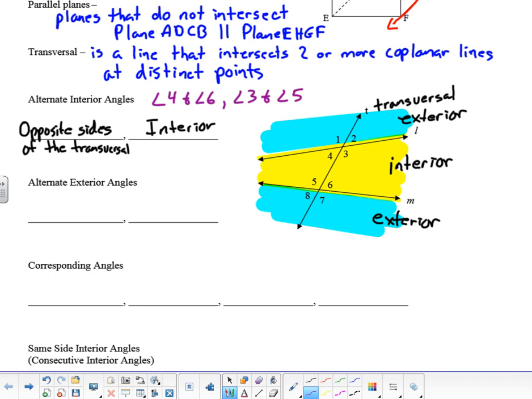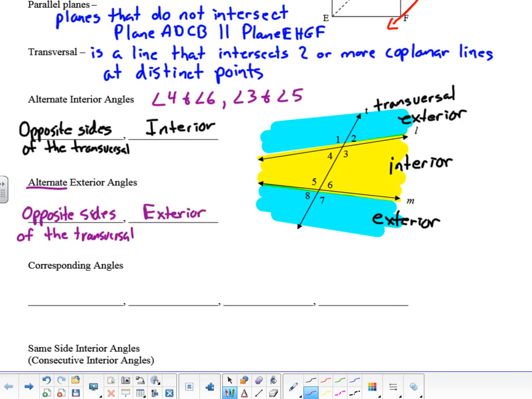Okay, so alternate exterior angles. Well, the alternate word means opposite sides. So opposite sides of the transversal. And then exterior means that they are in the exterior region.